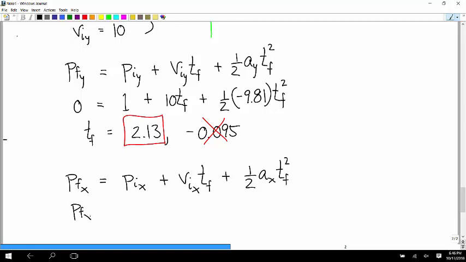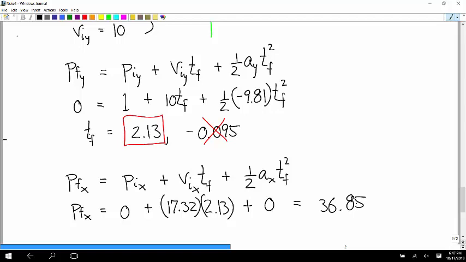So PFX is equal to 0 plus 17.32 times 2.13, plus AX is equal to 0, so that term goes away. And what do you get for PFX? 36? That's a lot. 36.85 meters. It's like over 100 feet.